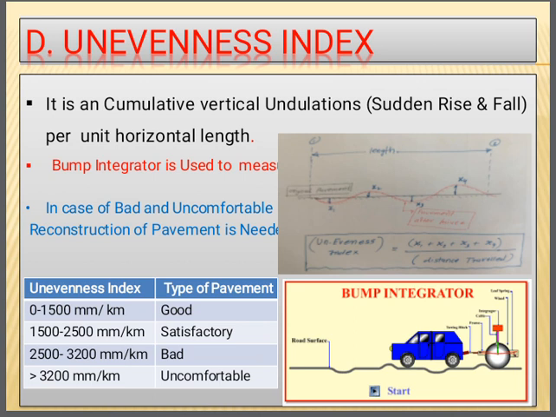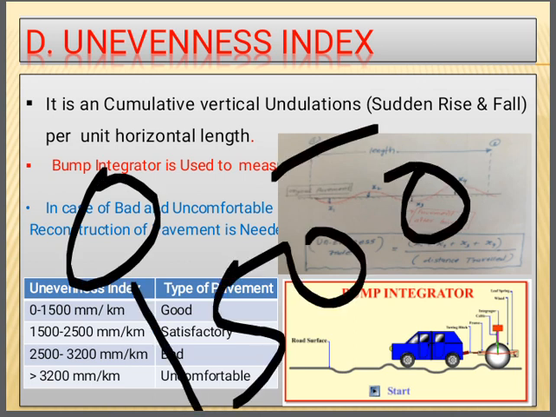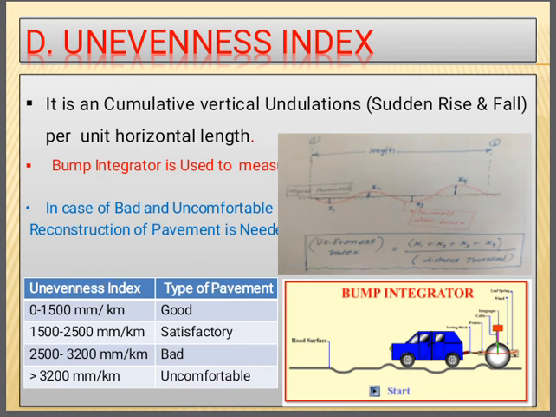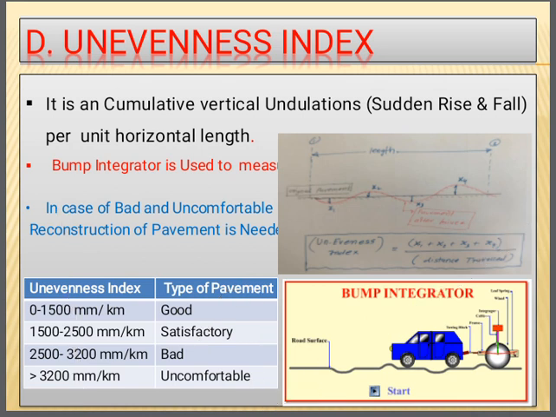If the bump integrator gives an unevenness index reading from 0 to 1500 mm per kilometer, then that road or pavement is called a good pavement. Now this is given in a table. In the table there are two columns: in the first column is given the unevenness index and in the second column the type of pavement.